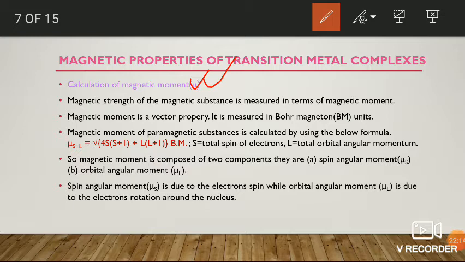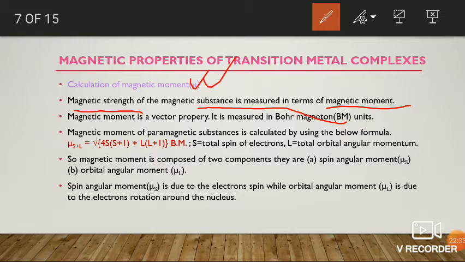That is, the magnetic strength as well as the magnetic orientation of the substance is generally measured in terms of magnetic moment.